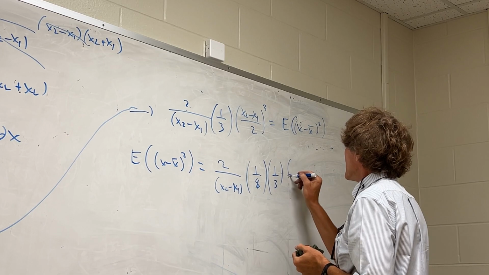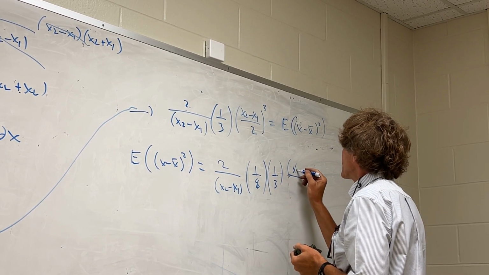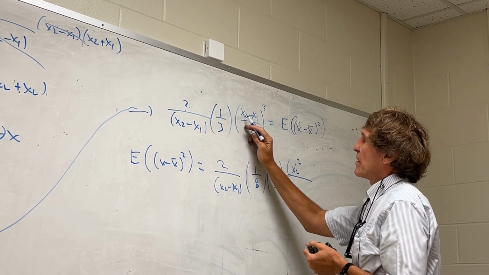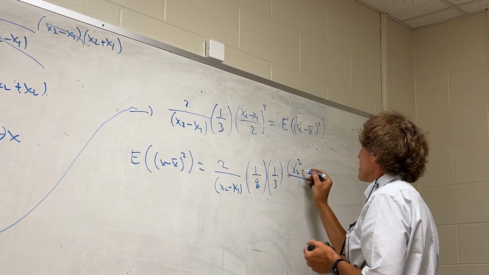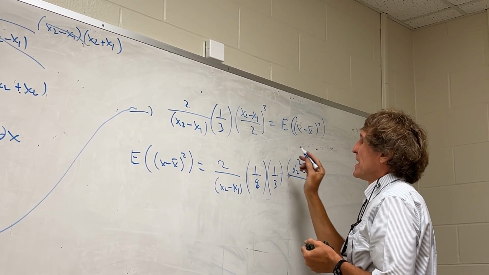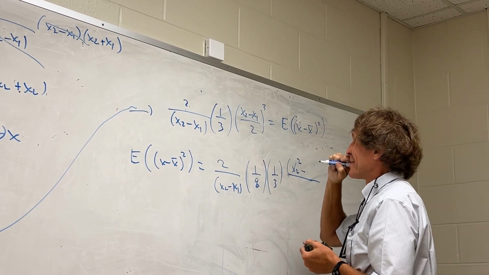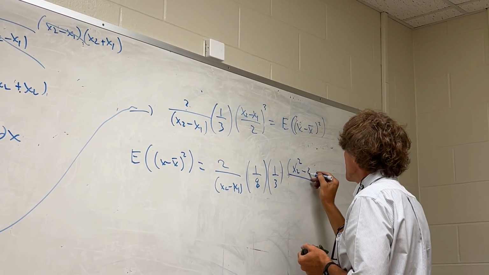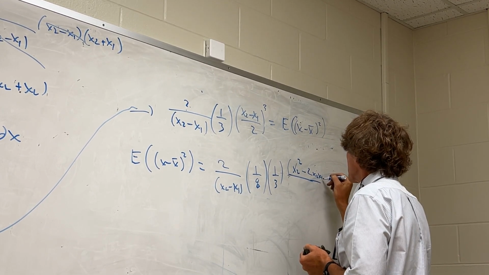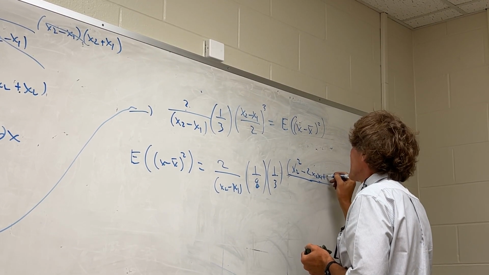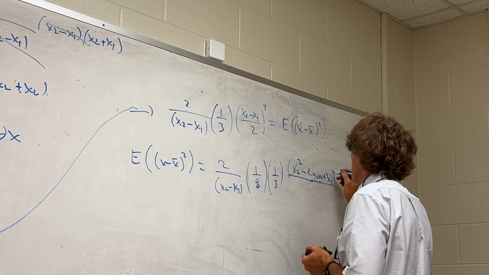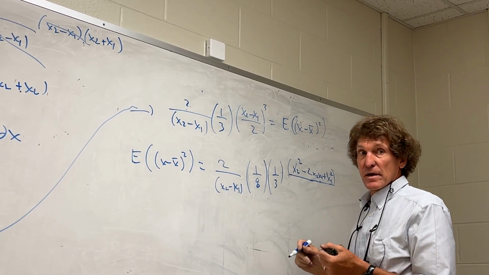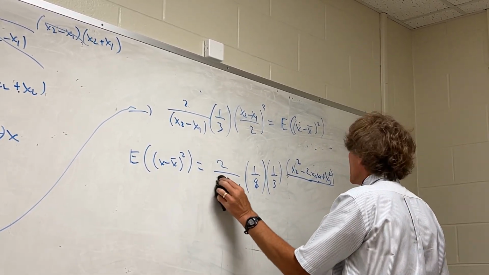What is that? That's x2 squared, and then you get what? Take a look. Do y'all agree with it? It's x2 squared, minus 2 x2 x1, plus x1 squared, right? Agreed? And I cancel that.